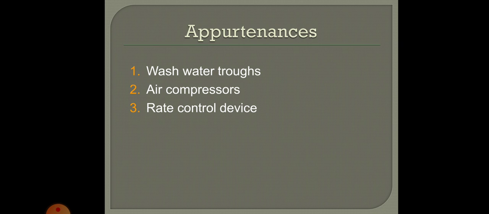Now coming to the rate control devices. For each filter unit, the flow of the influent, the effluent, the wash water supply and the wash water waste must be controlled by using some devices. So we have to maintain a constant rate of filtration, which is very much needed, and in order to control this, we use the rate control devices.